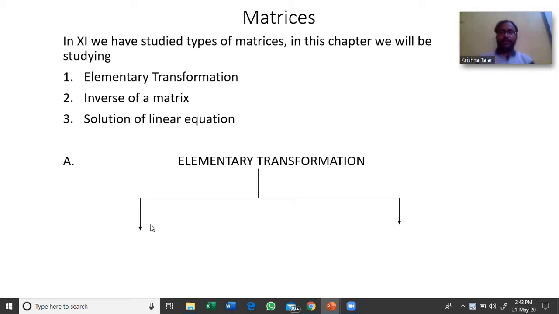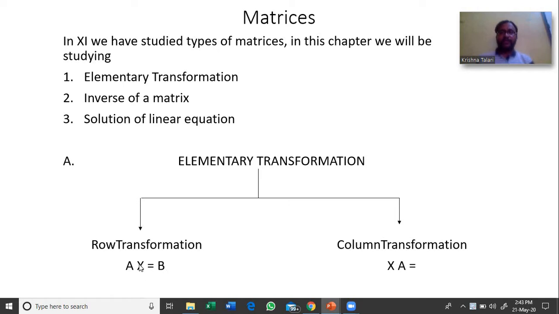It is classified into two forms: row transformation and column transformation. For row transformation, we are supposed to use the equation Ax = B, where A is the pre-multiplier. So please remember, whenever I'm supposed to use row transformation, your A should be the pre-multiplier.